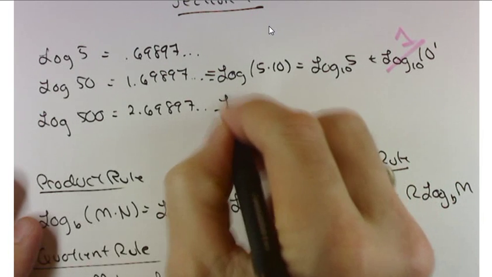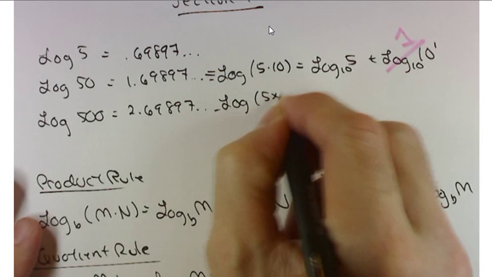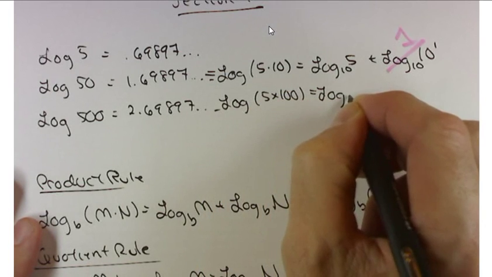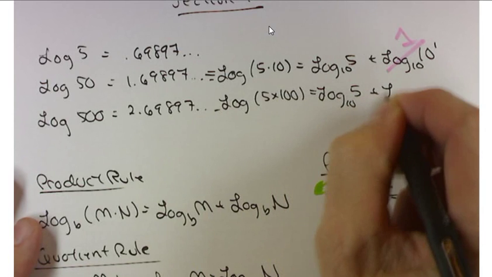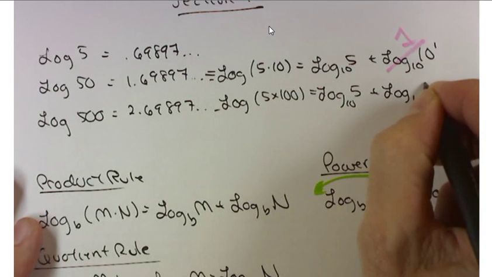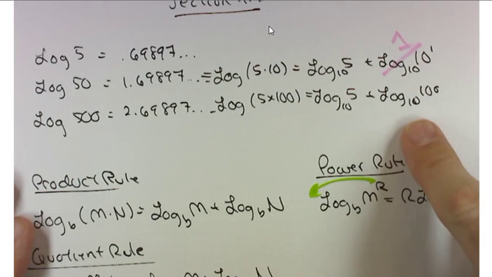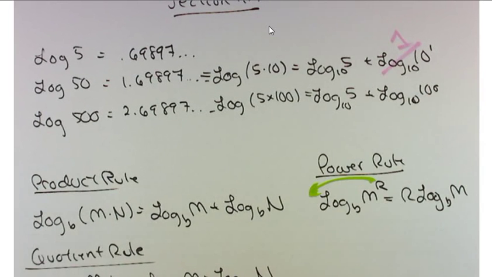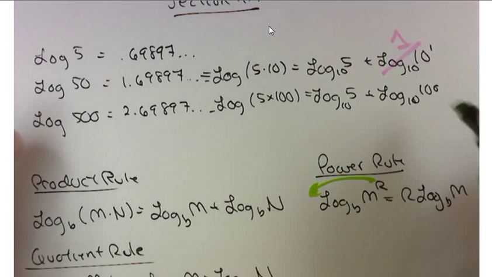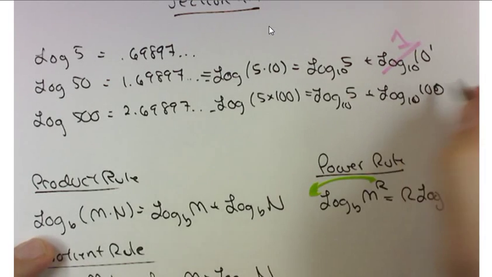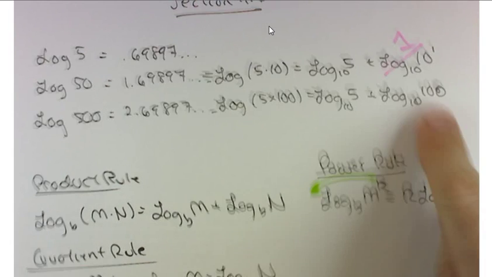Likewise, the log of 5 times 100 is the log of 5 plus log base 10 of 100. What power of 10 gives you 100? 10 to what power gives you 100? 2.